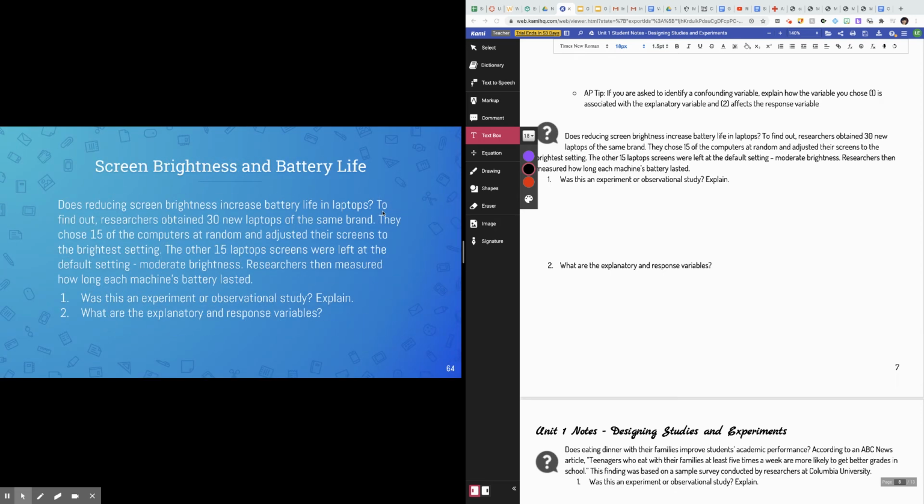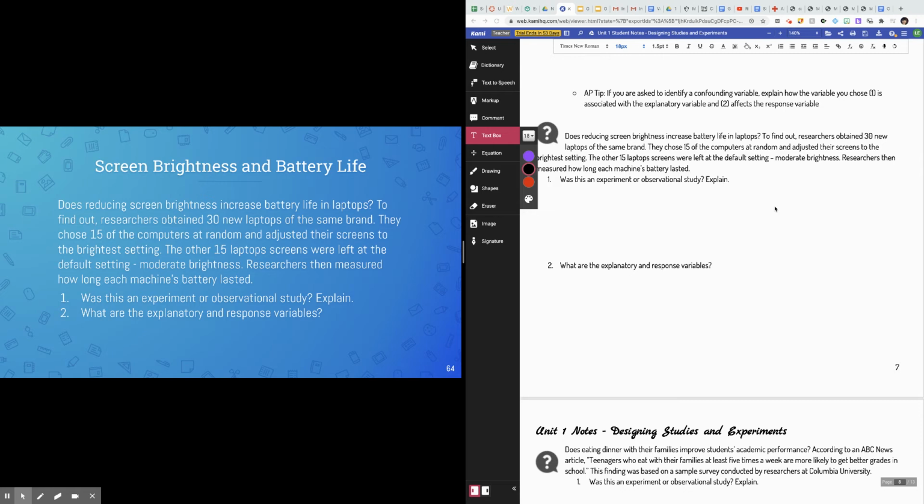Okay, so here's the study. These researchers were looking at screen brightness and battery life in laptops. They got 30 new laptops of the same brand.